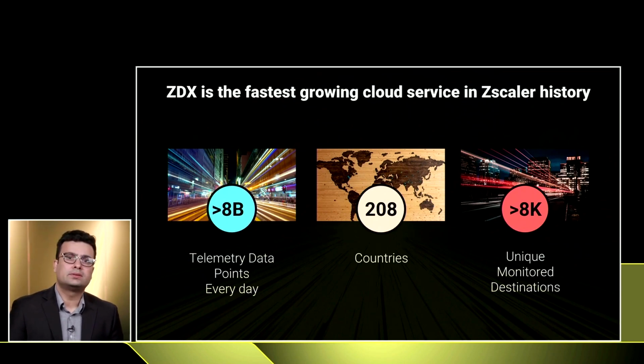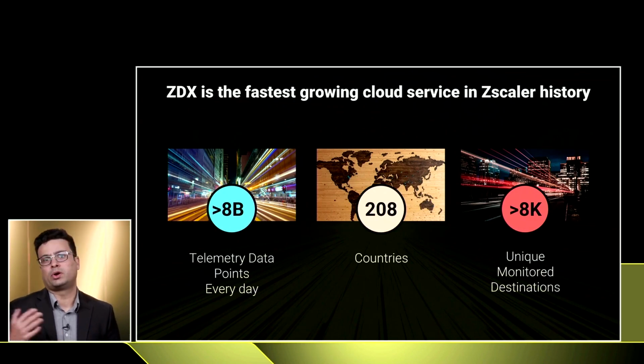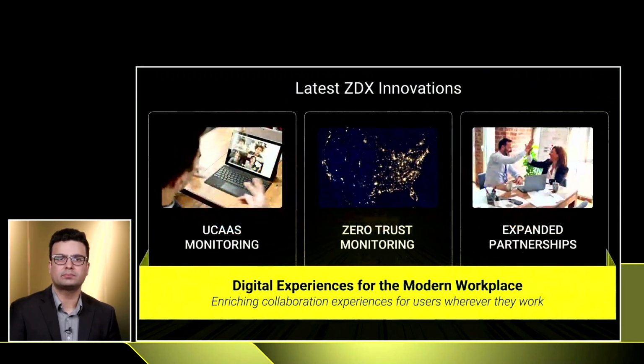With more than 8,000 destinations monitored worldwide, we continue to expand mapping business application insights to user experience. In simple terms, these numbers are translating to improving employee productivity and better understanding of where the bottlenecks lie in terms of end user experience.